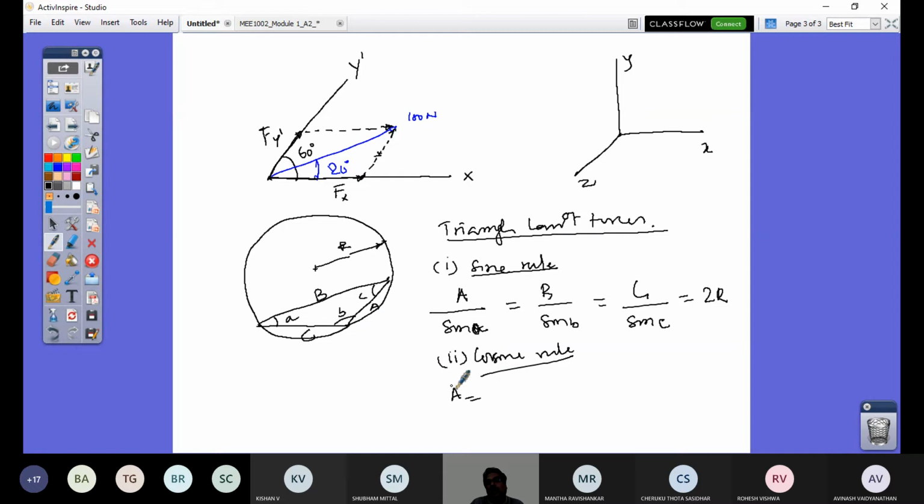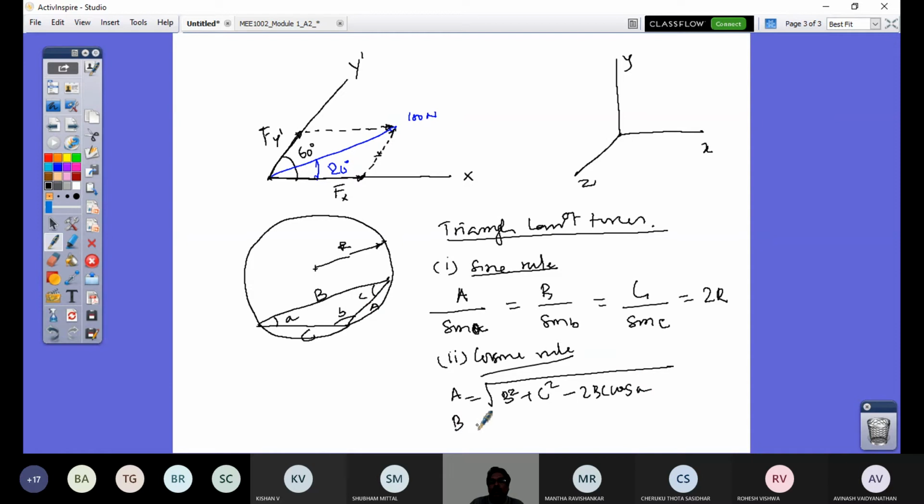So now the magnitude of side A is given by the magnitude of side B squared, the other two adjacent sides, B squared plus C squared, minus, look at this, 2BC cos of the angle opposite to side A, small a.